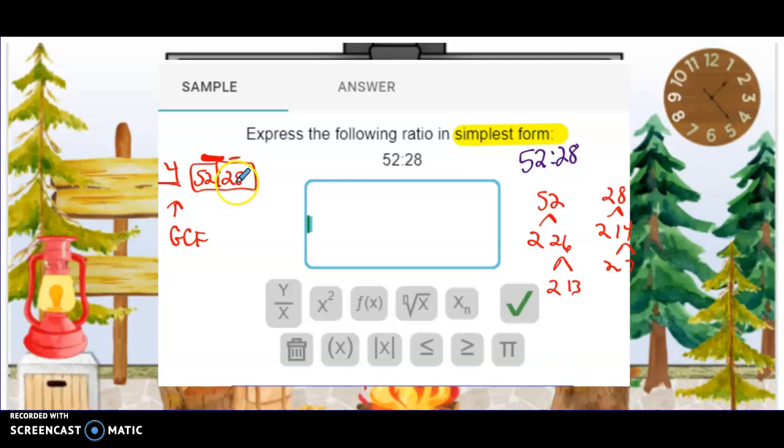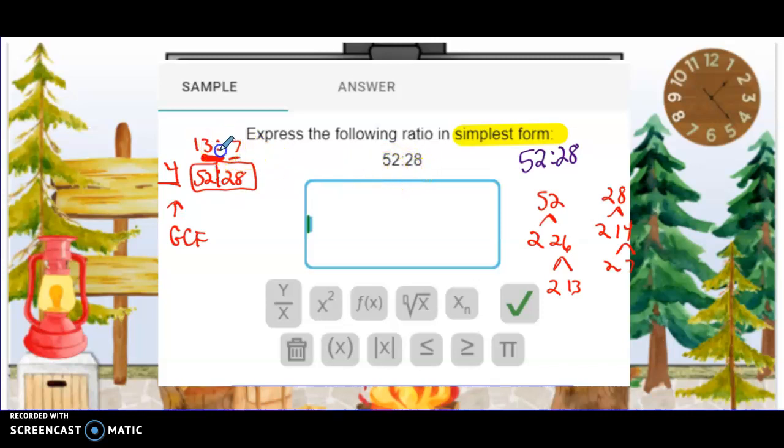And then working from the inside out of our ratio, 52 divided by 4 is 13. And 28 divided by 4 is 7. Now, but notice it says express the following ratio in simplest form. What is important about ratios, the order of the ratio is not interchangeable.